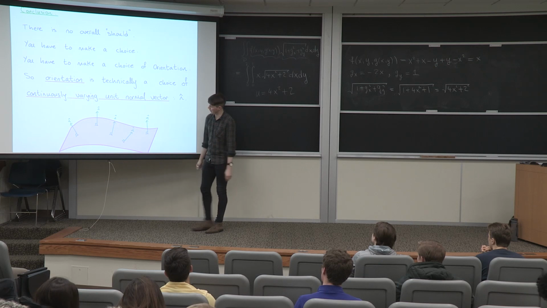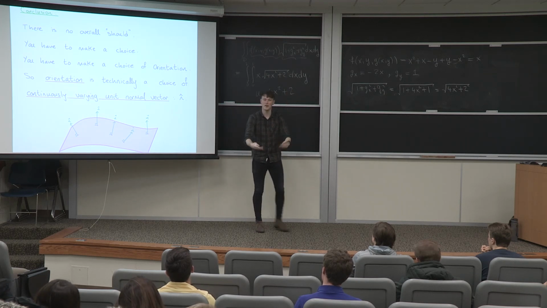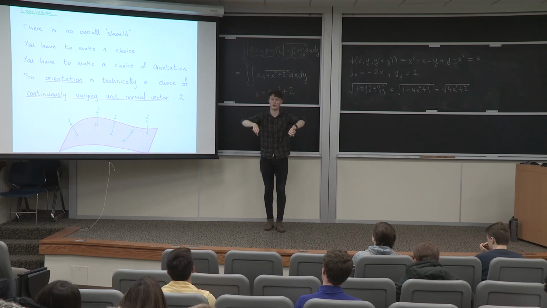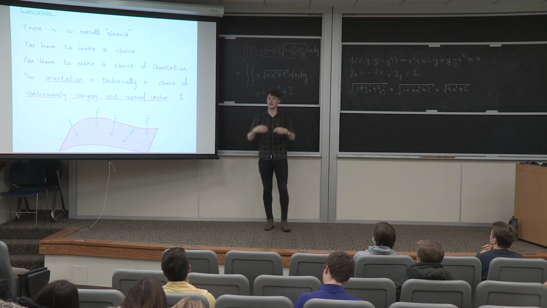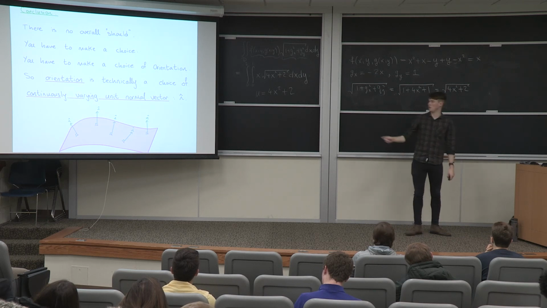Now, if I have this sheet and heat flowing up through it, that's going to be positive. If it's flowing this way, negative. I could just as easily take all these arrows and decide that downwards is positive. So orientation is a choice. What does continuously varying mean?